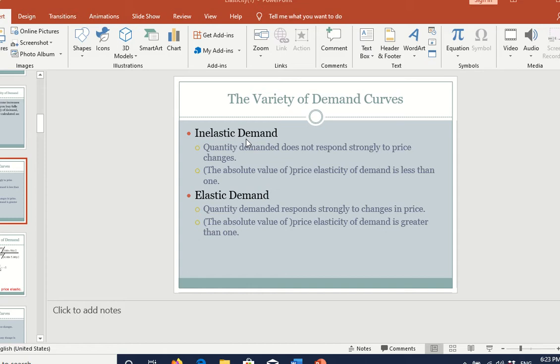But technically speaking, if we have numbers or a calculation, an elastic demand means the absolute value of the price elasticity of demand is greater than 1. So 1% change in the price leads to more than 1% change in the quantity demanded. That's what it means by elastic demand.